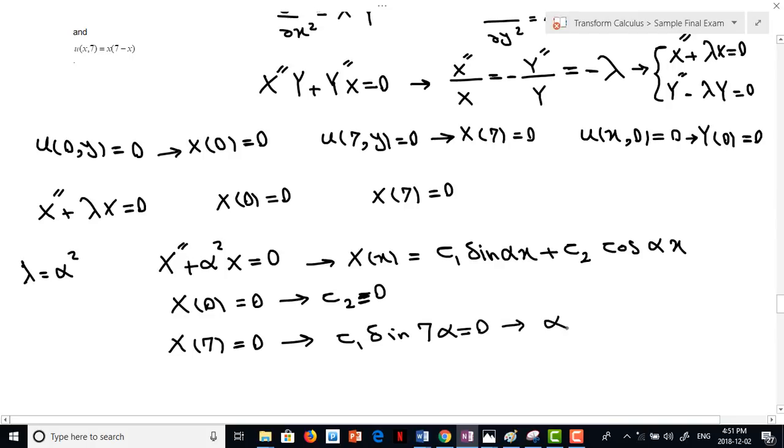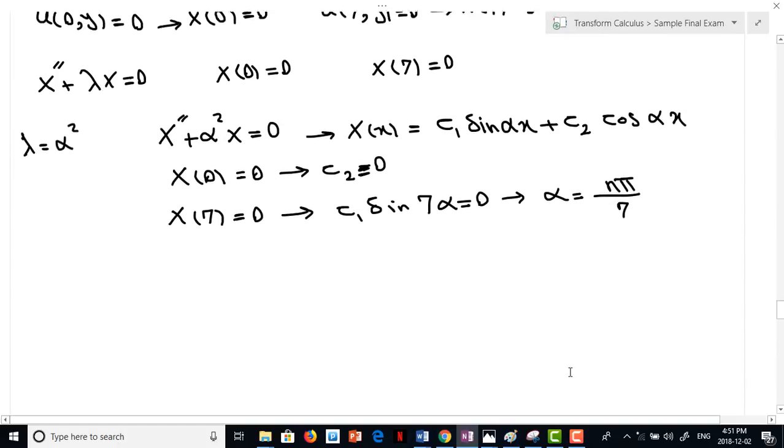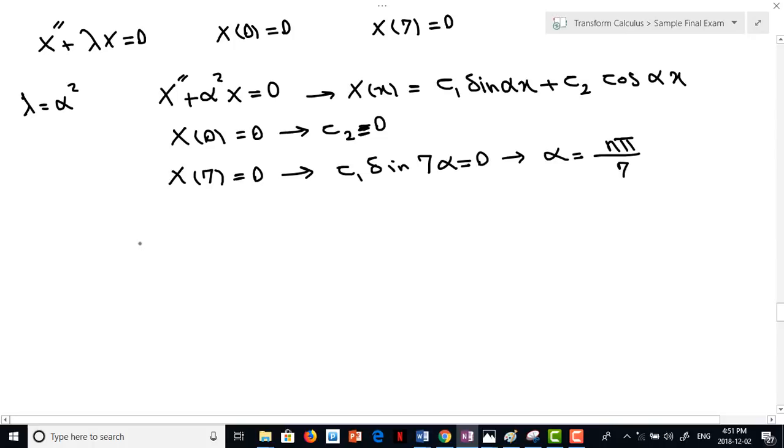It means that alpha should be equal to n pi over 7. So we could find X of x. In fact, X of x is equal to C1 sine n pi over 7 times x.